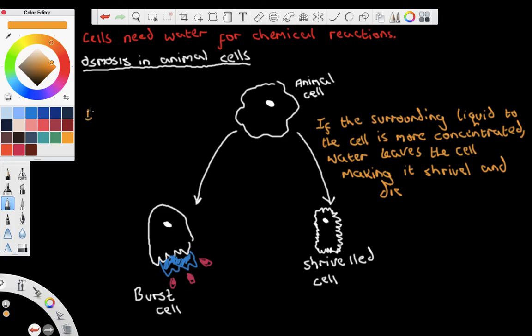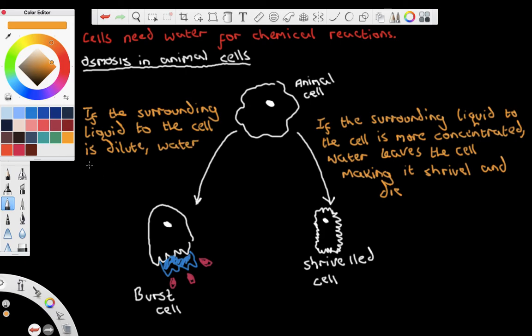So we can say, if the surrounding liquid to the cell is dilute, water enters the cell and it bursts.